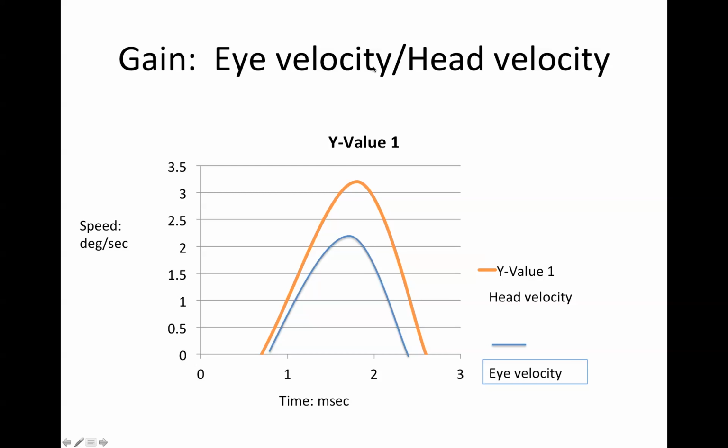And there's equipment now, goggles that will measure your head speed, and a VNG can pick up movement of the eyes, will pick up eye speed, and we can give you a formula of what the gain is and in what direction, because it will always be worse in the direction that you are turning toward.